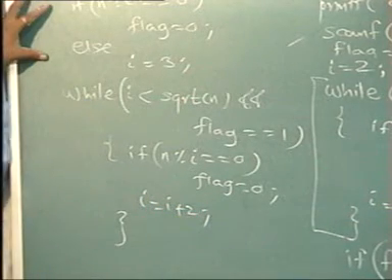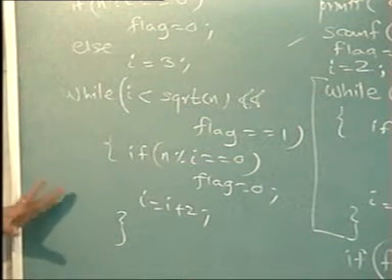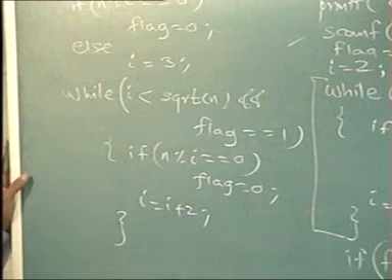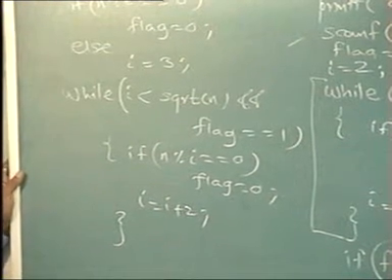No doubt 4 lines have increased, but the effectiveness of the code, the number of divisions that take place, have certainly reduced to half. First of all, we had cut down to the square root value and then to half of it.